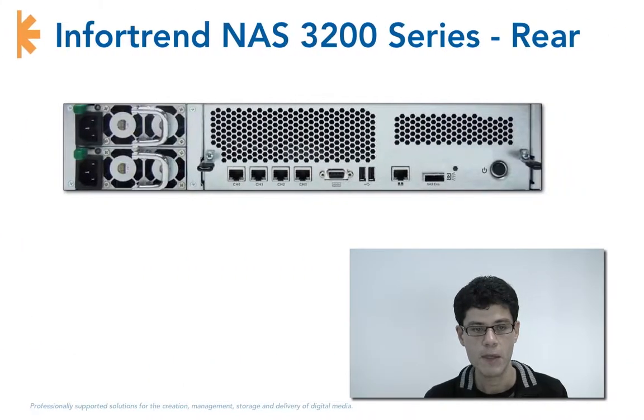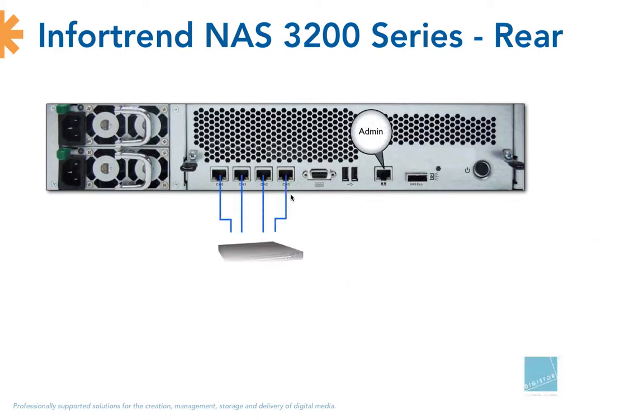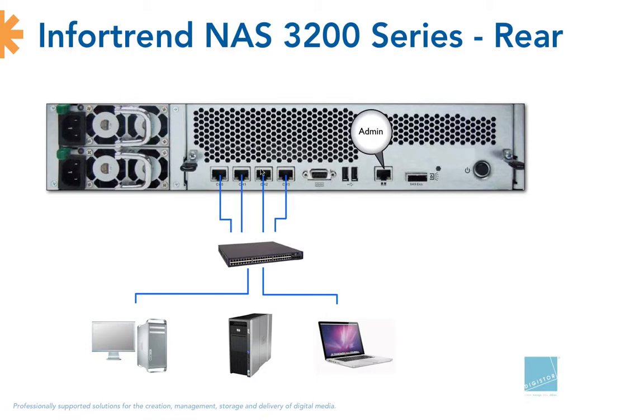Just for reference, this is how this particular unit looks from the back. You have here an administration port, and then you have 4 Ethernet ports. Commonly, these would go into a switch, and if you want, you can enable link aggregation or bonding and have one single 4 gigabit Ethernet line rather than 4 separate 1 gig Ethernet lines.